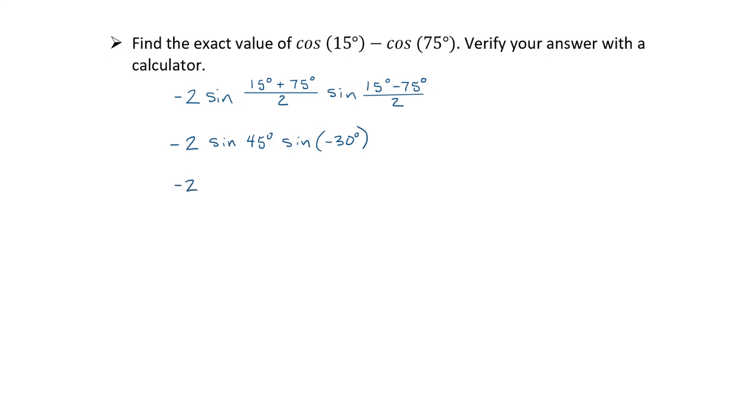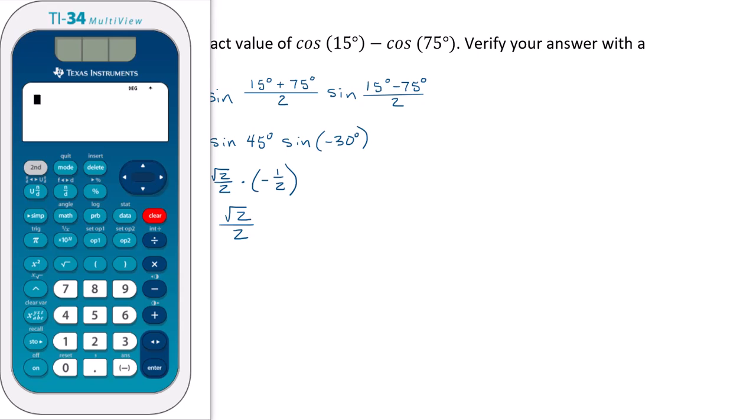So this is negative 2 times the sine of 45 degrees is square root of 2 over 2 times the sine of negative 30 degrees is a negative 1/2. Multiplying all of this together, I'll have a positive square root of 2 over 2.